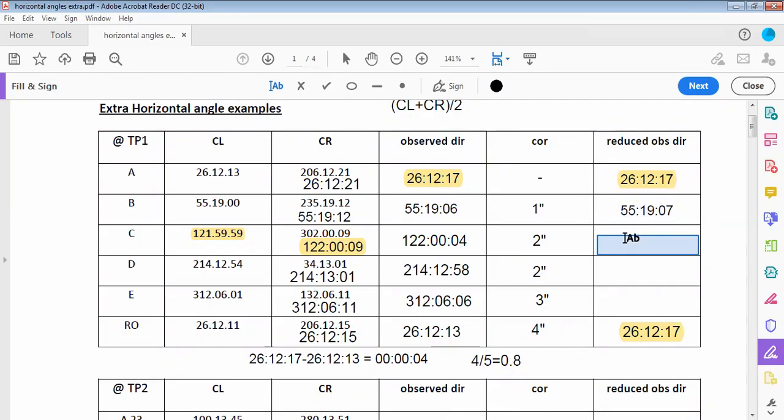For your second setup, we're adding 2. So the 2 plus 4 gives us 6. So it's 122, 00, 06.